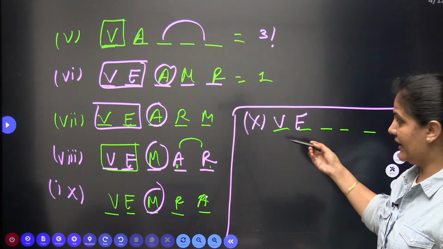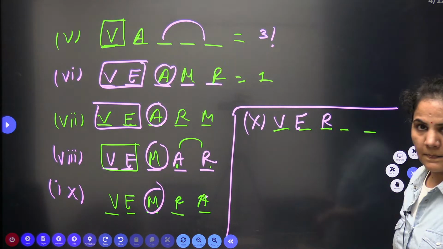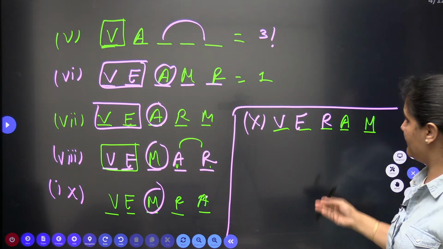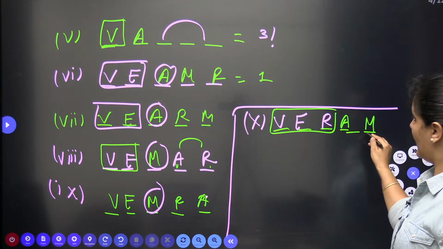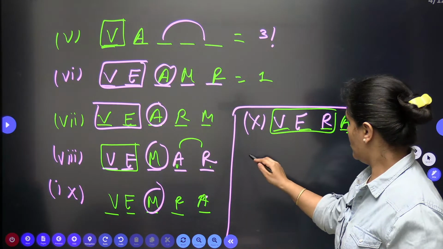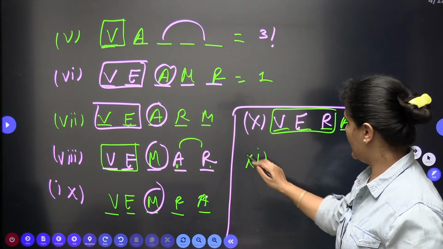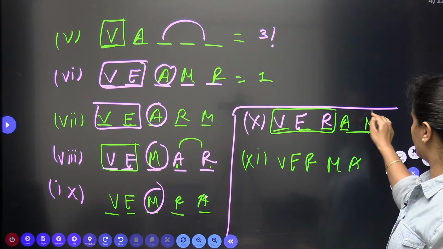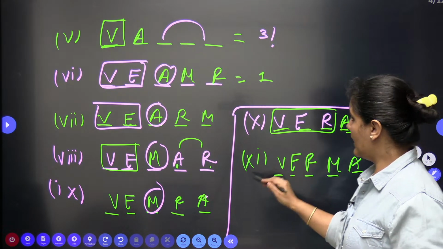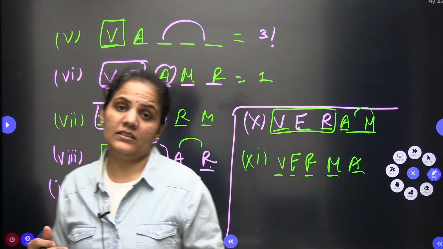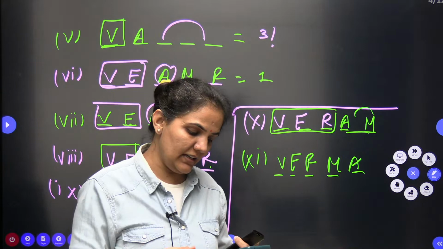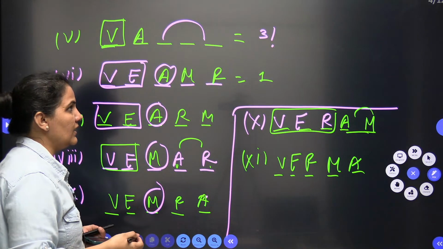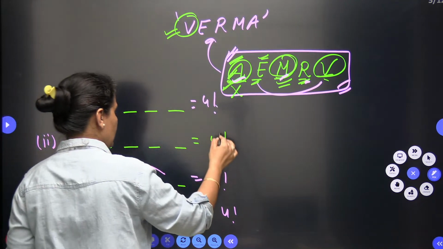Now I will go for the next one, which will be R. After that alphabetically it will be A and M, but I don't want A and M, I want M and A. So at the next position I will get VER, MA, because these two can interchange. So how many steps we required, or I can see that I need the rank of this word in the dictionary. So I can see 1, 2, 3, 4.